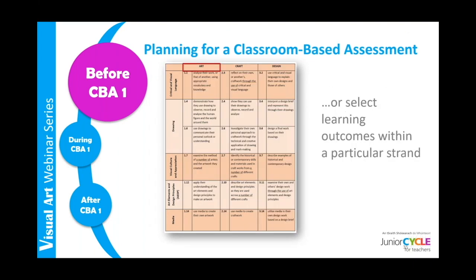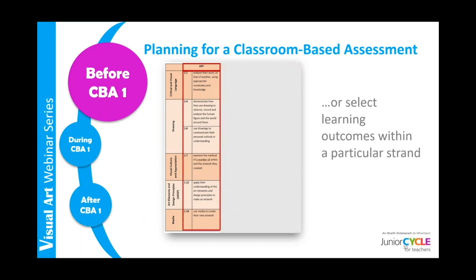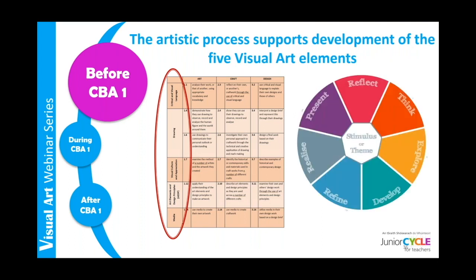Here is an example of another approach you might take, selecting learning outcomes from 1 strand. You can select the learning outcomes to suit your own students and your own context. It is essential, however, that you include all 5 elements, as these not only align with aspects of the features of quality, but also support the students' engagement with the artistic process.